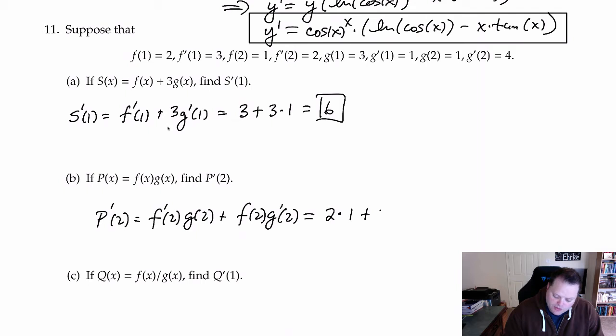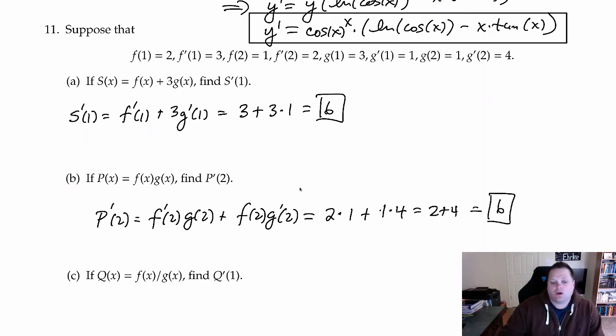F at 2 is 1. G prime of 2 is 4. So this looks like 2 plus 4, or, once again, 6. Let me just double check that. F prime of 2 is 2. G of 2 is 1. F of 2. Yep, that looks right.